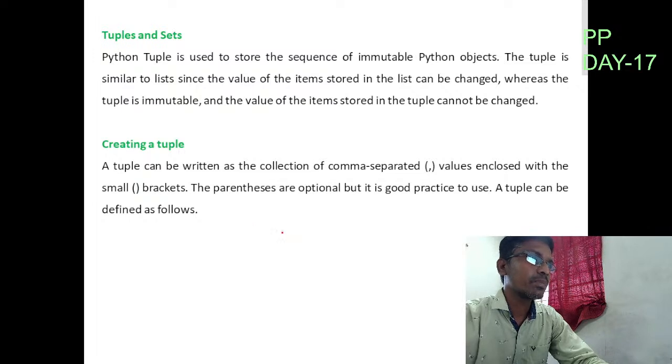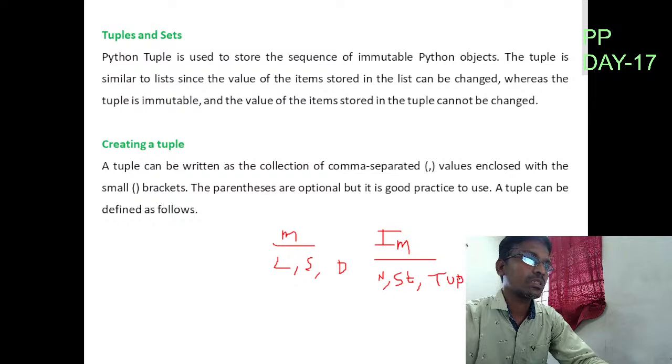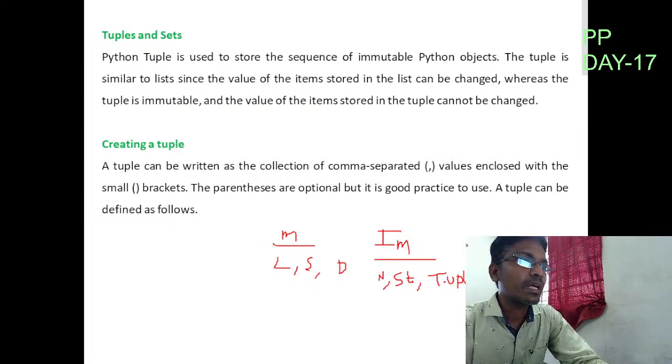The mutable data types are list, set, and dictionary, and the immutable data types are numbers, strings, and tuples. So these are the immutable data types in Python.